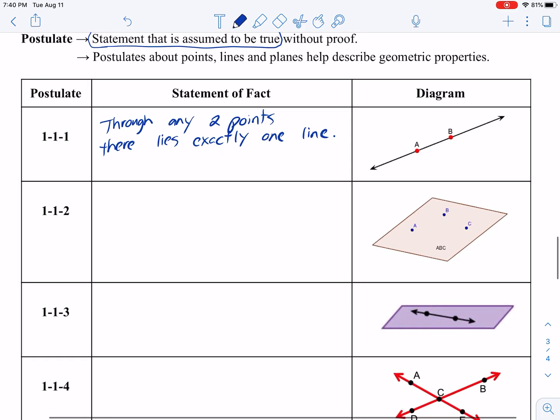For postulate 2, we can assume that through any 3 non-collinear points there is exactly 1 plane. That would be plane ABC.